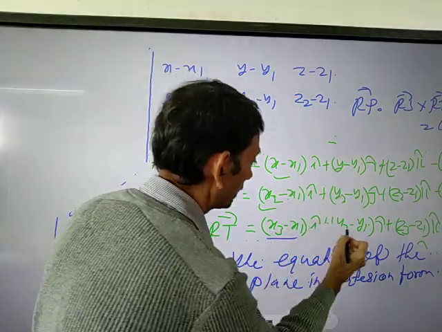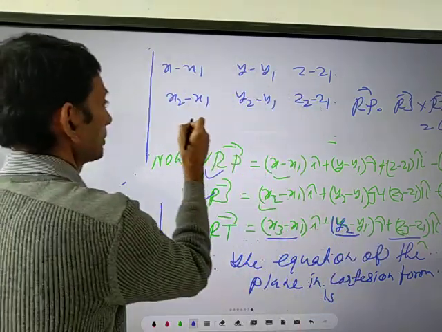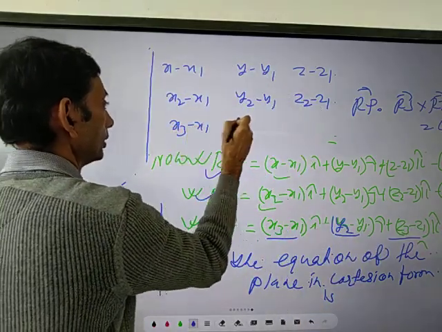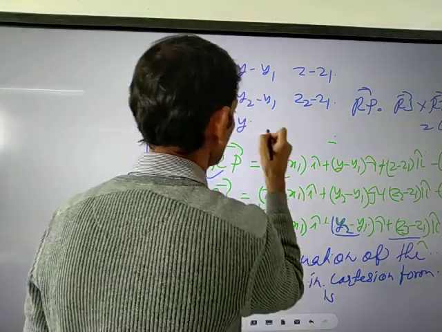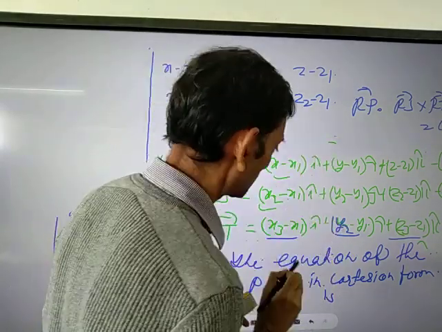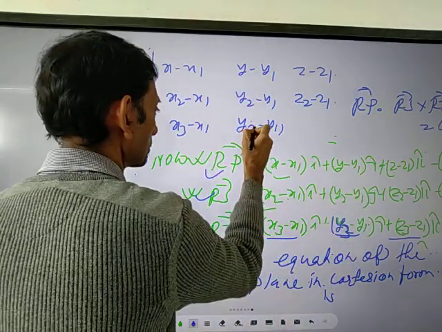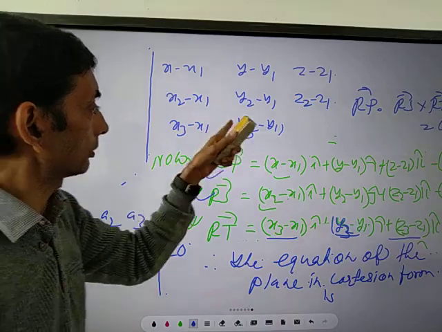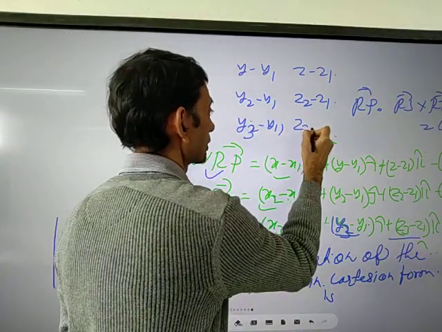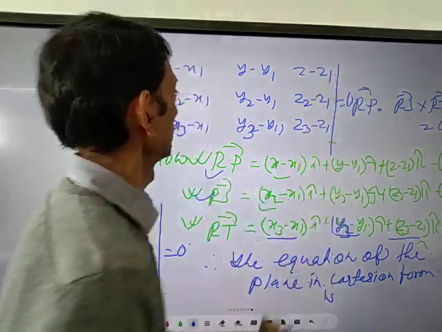The scalar components are x3 minus x1, y3 minus y1, and z3 minus z1, equal to 0.